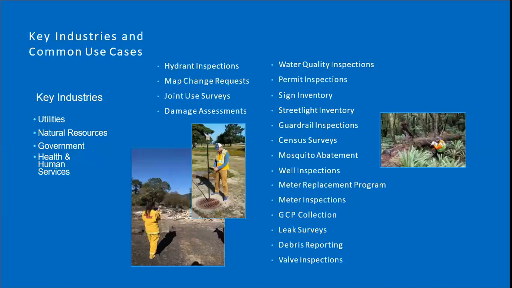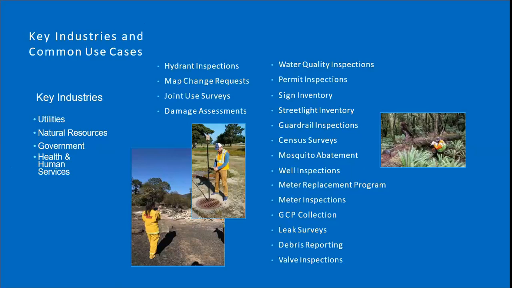The industries that you are joining here from today are many and varied with differing workflows. Let's look at some of the key industries: utilities, natural resources, government, health, and human services. As you can see, the use cases are many and varied. You can see here what might apply to you.